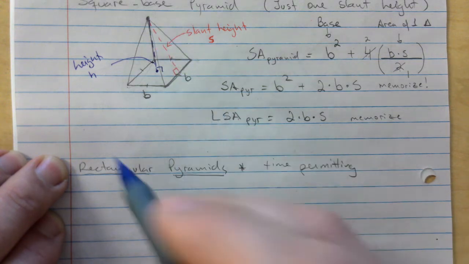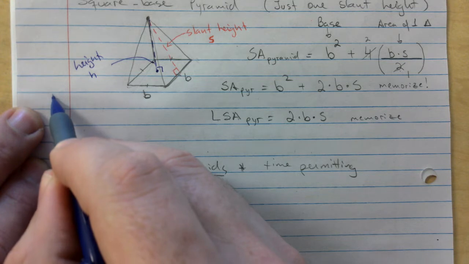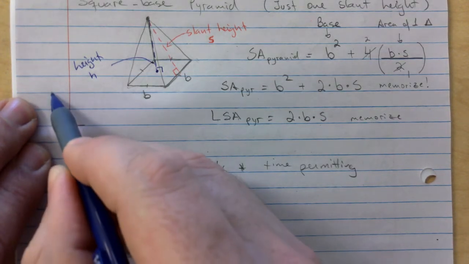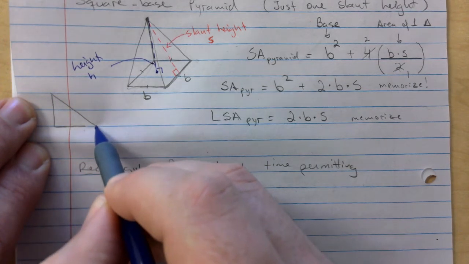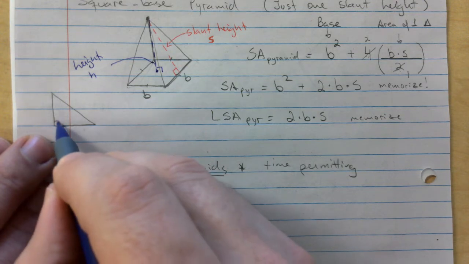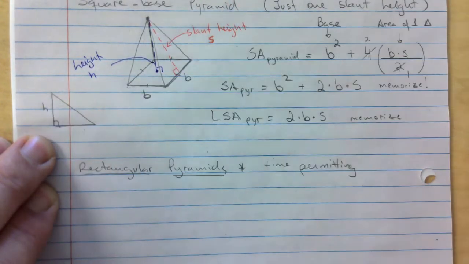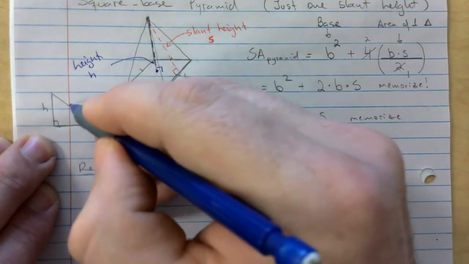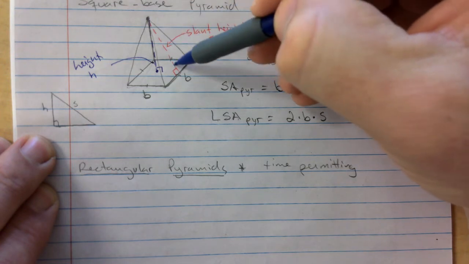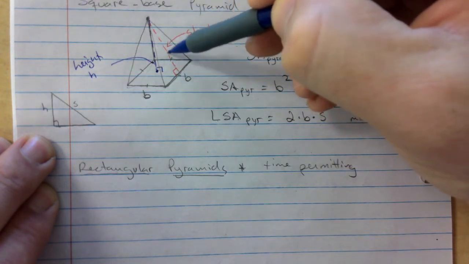If you think about it, if you consider the triangle that's formed by the height and the slant height, that'd be this one right here along the face, you're literally slicing a triangle out of that.